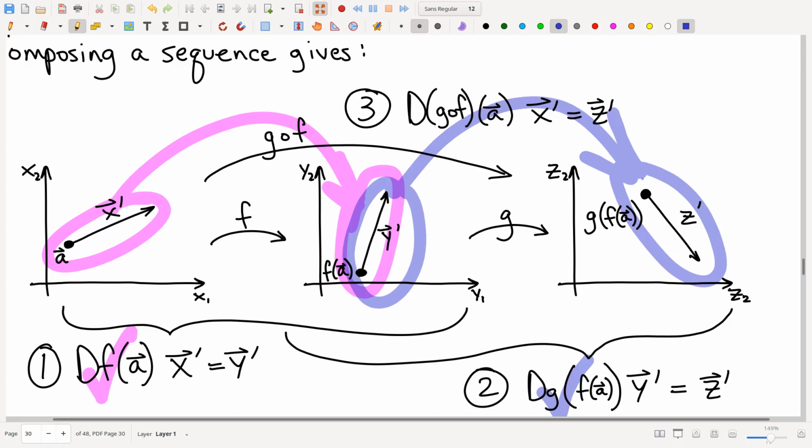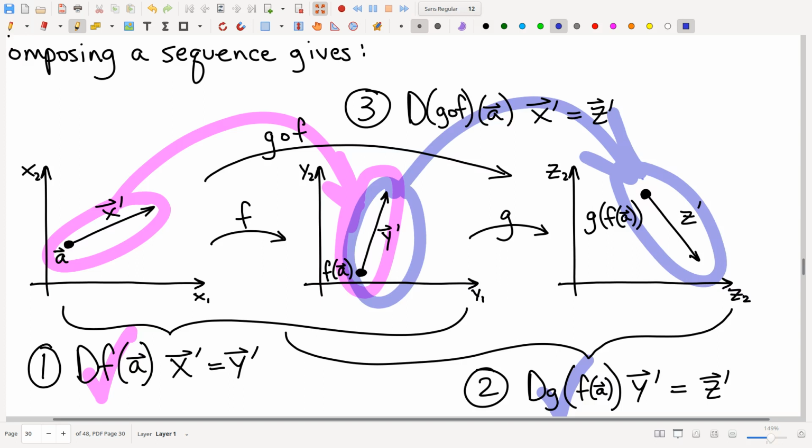So altogether, if I want to think about the composition where I start with x's and I end all the way over here with the z's, if I want to turn my x velocity, x prime, into my z velocity, z prime, well, what's going to do that?